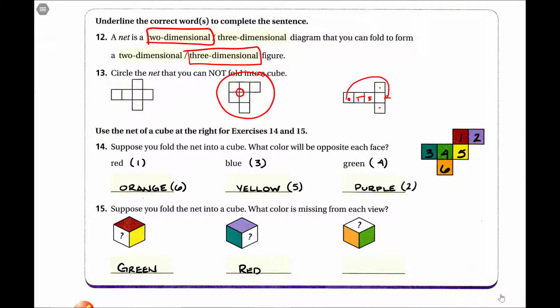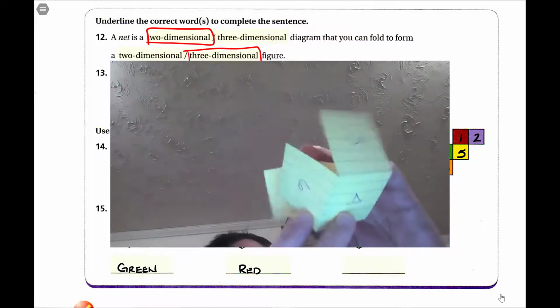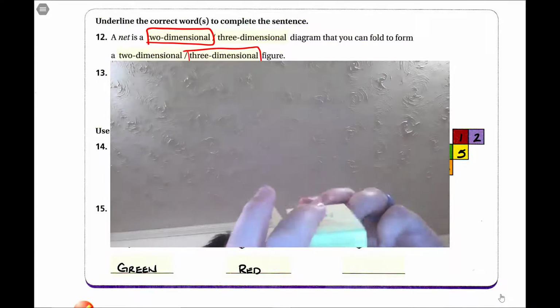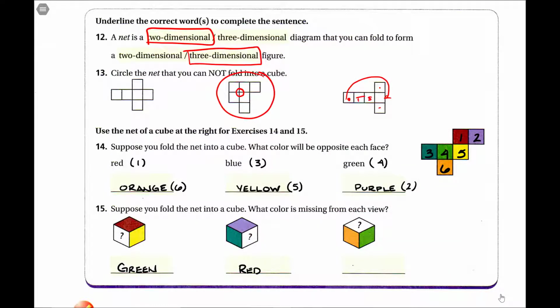We want to figure out what would be the top. So orange corresponds to the number 6. Green corresponds to the number 4. So if I put 6 and 4, I would have 6 to my left and 4 to my right. So that would be this figure right here. And this flat that I've got floating around here is the number 3. That would correspond to the color blue.